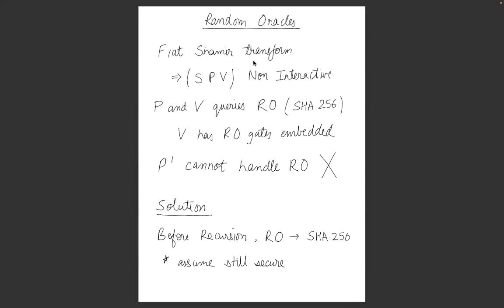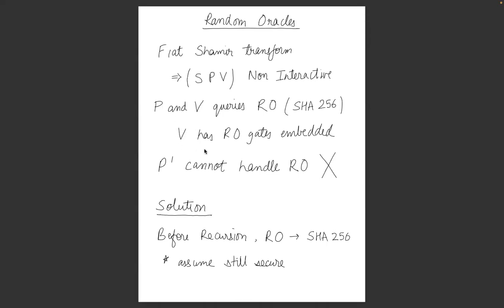So now instead of interacting with each other, they interact with the random oracle. So in a non-interactive proof system, for the verifier and the prover, we'll have these random oracle gates or some computation which resembles this feature. Now there is a problem, right?